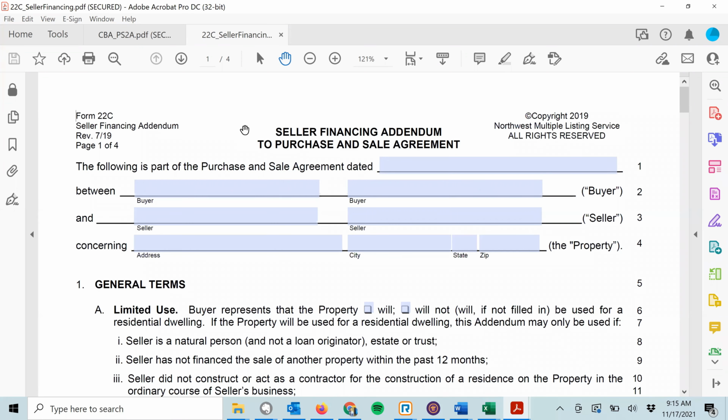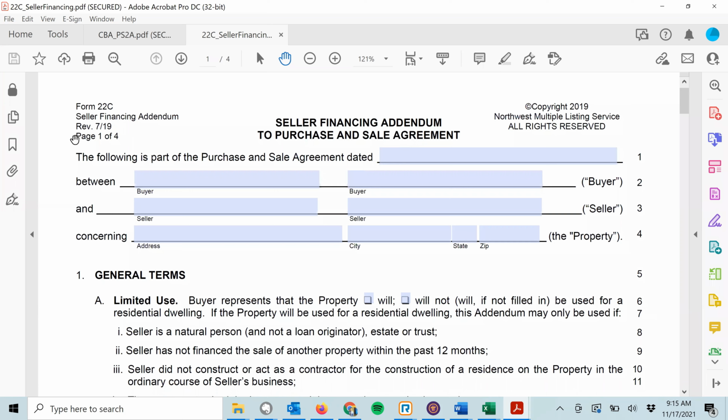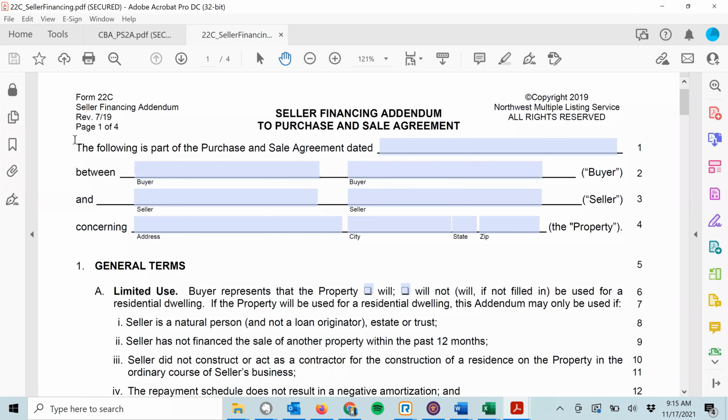If you're using it for commercial, I would not use residential purchase and sale agreements, but I would use a commercial purchase and sale and add this addendum as the terms for the seller financing. So we're going to roll through the terms on this form. You'll notice it's 4 pages in length, which is long compared to other forms, but it's mostly because there's a few different ways you can structure these deals.